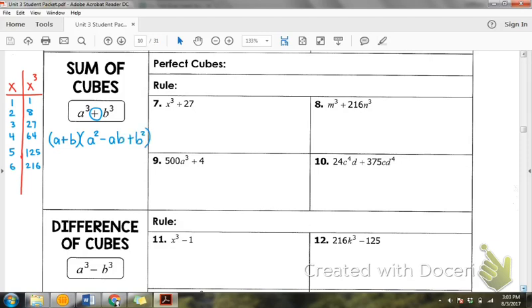So this is new to you, and we're going to do a few, so don't panic yet. All right, so that's the formula that goes with the sum of cubes. This formula will never change. All right? So if you're looking at example 7, is x cubed a perfect cube? Yes, right? X cubed. If you need to write this up here, this is the perfect cube column.